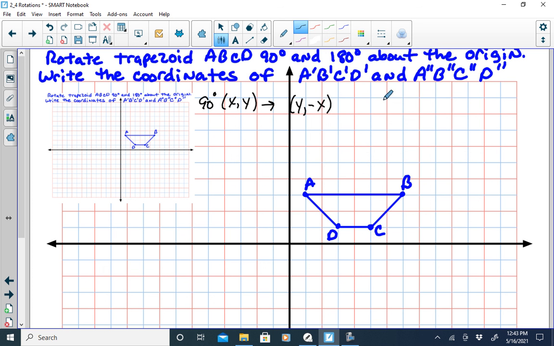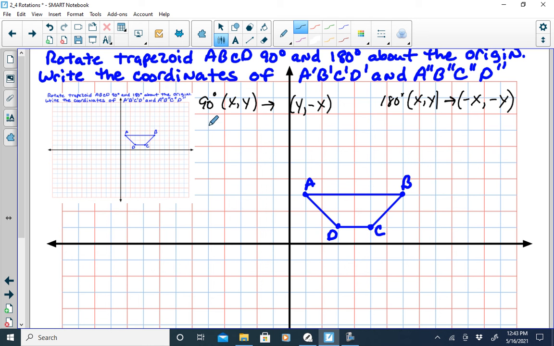And then we have our 180-degree rotation. Our rule says x comma y goes to opposite x, opposite y.